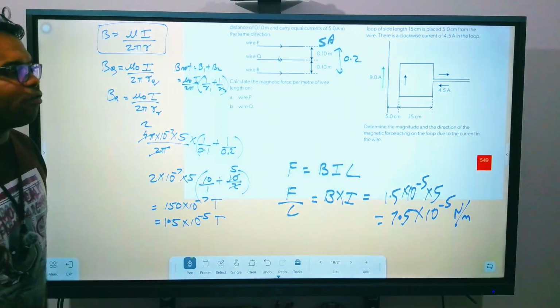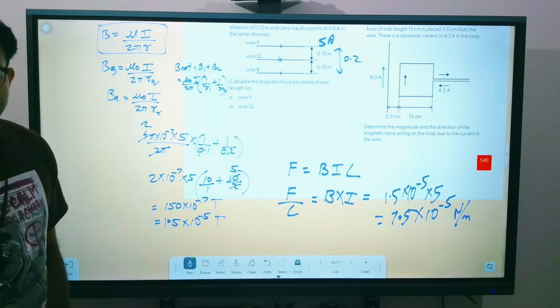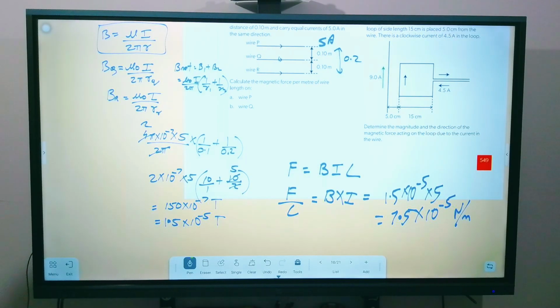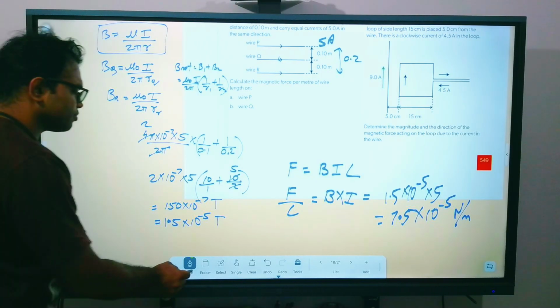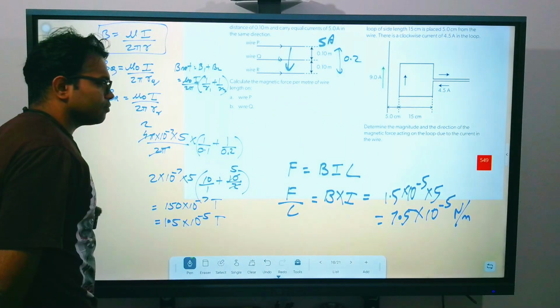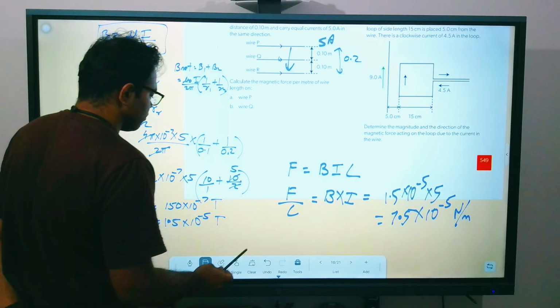That's how the formula goes. Clear? 7.5 into 10 raised to power minus 5 newtons per meter. Okay, let's move on. And the overall force will be downwards.